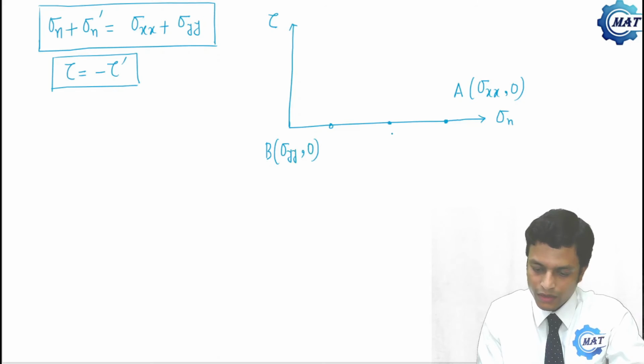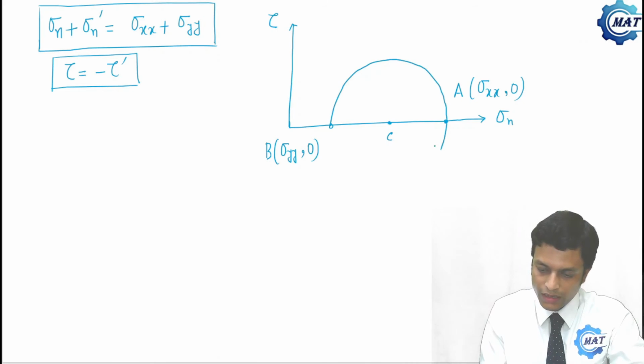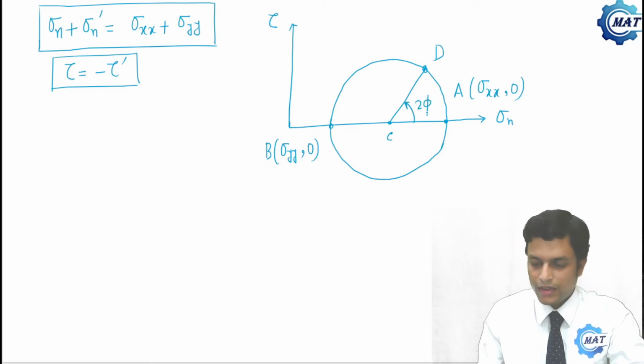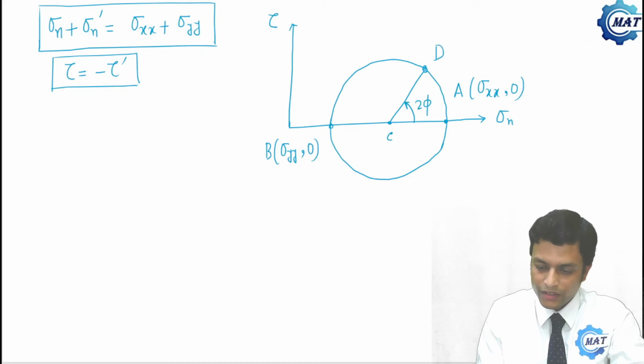And this is point C. This is the Mohr circle. Now say if this is point D, where this angle is 2 phi, then the coordinates of the complementary stresses will be 180 degree apart from D, that is this point.